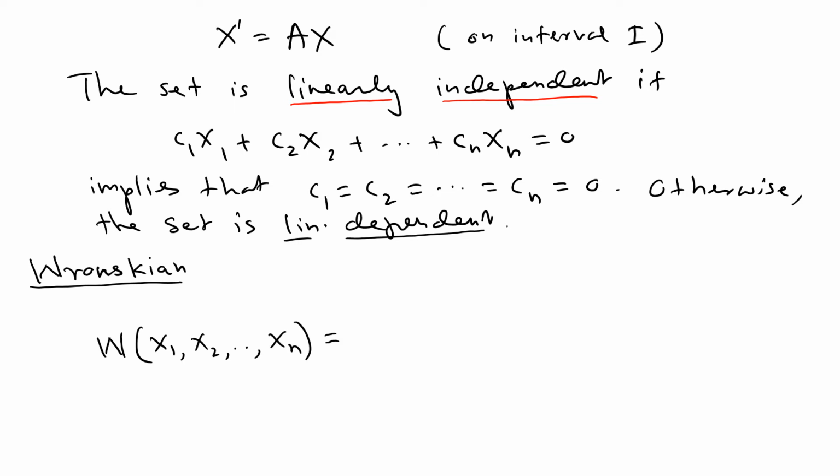What we're going to do is create the determinant where for x1 we put the components of x1 as the column. So x11, x21, like that, up to xn1. So this is the x1 vector.